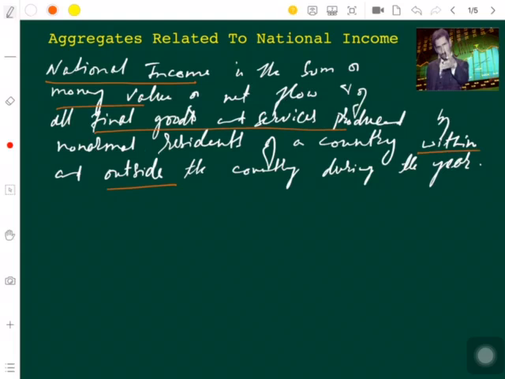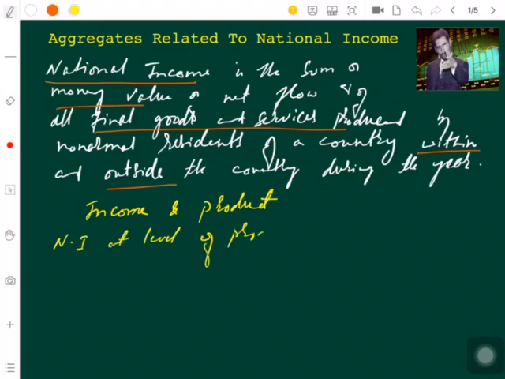Now you must note one thing: when we talk about the two words, income and product, how can we differentiate between the two, how can we say national income and national product, why do we use national income and national product.